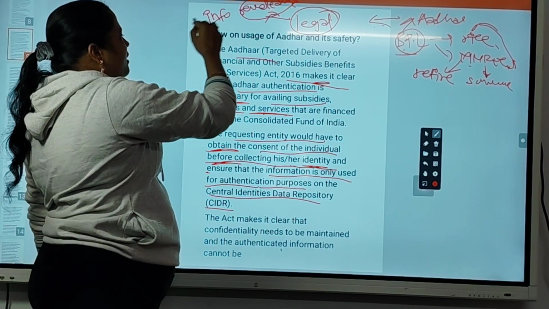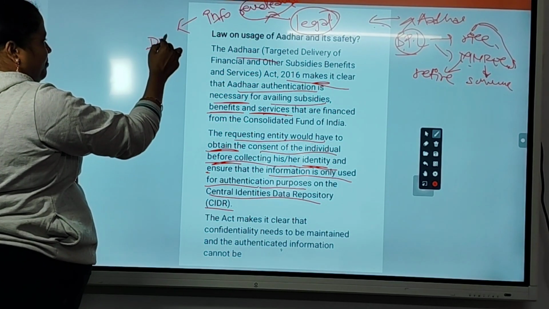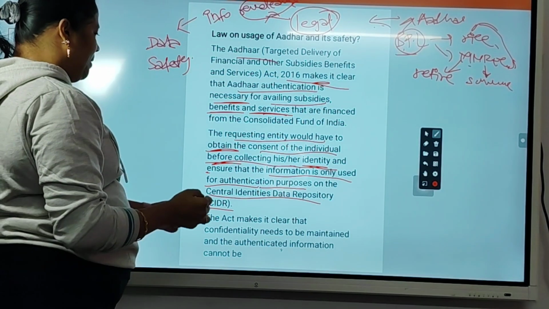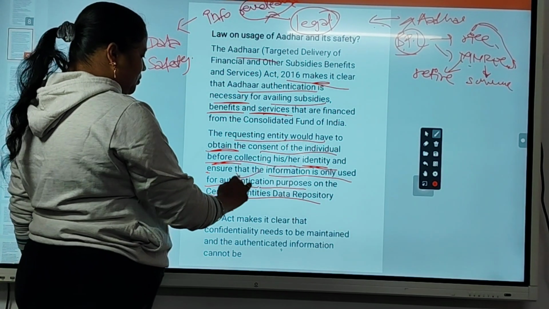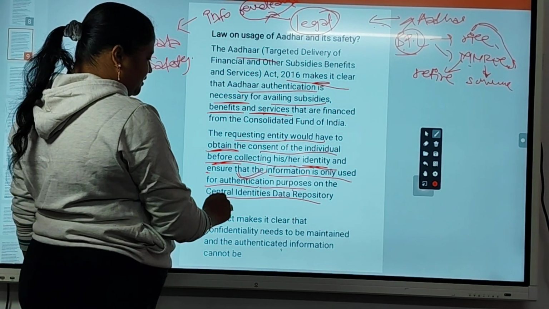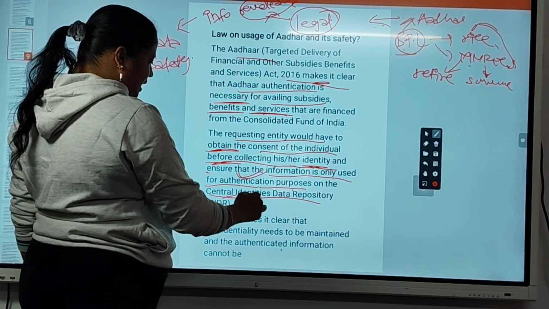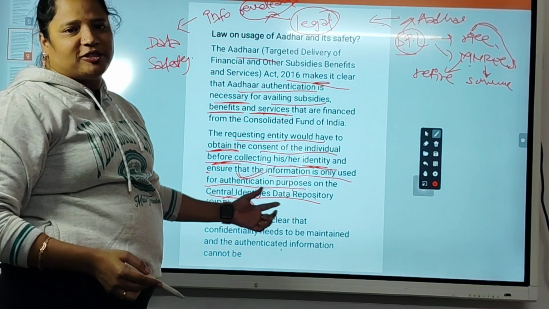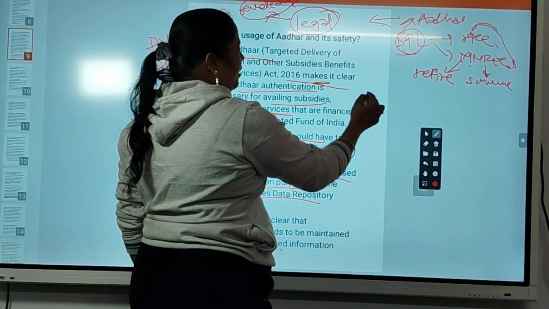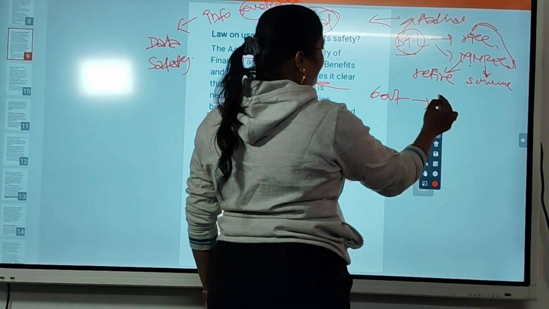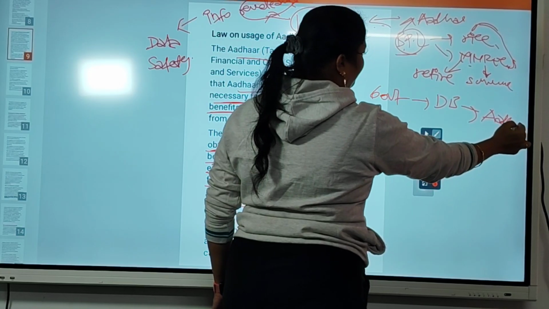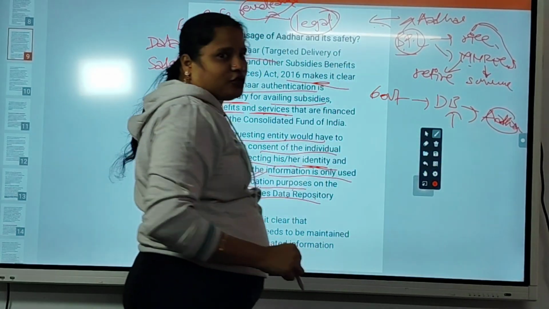They provide user data safety also. So the information is used for authentication purposes only in the central identities data repository. This central identities data repository is nothing but the government database where all the information of citizens is stored.